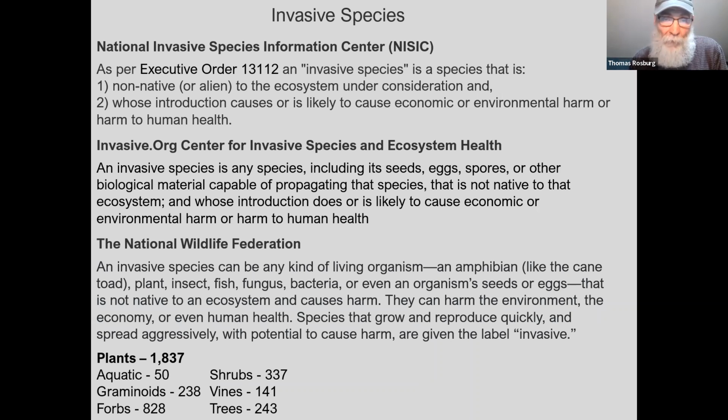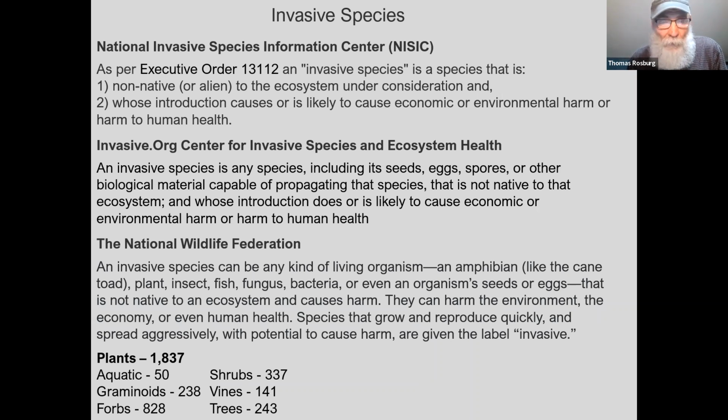Now, again, not all of those are invasive, of course. Lots and lots of non-native species are present, and they're not invasive. Thank goodness they're not all. We'd really be having a big battle.